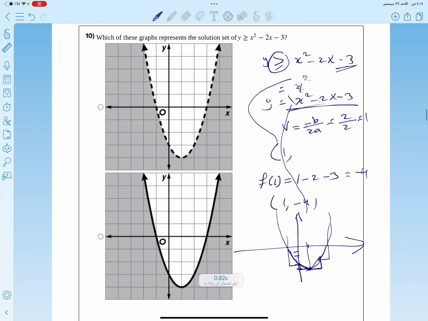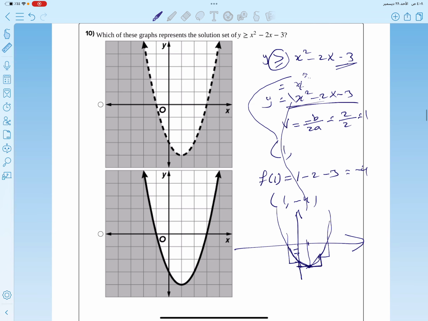Now, this is the first step. I graphed the inequality. Now I need to find the solution. I just need to use a test point. Always I choose (0, 0) because it is easier. (0, 0) is inside the parabola, so I plug it into the inequality.